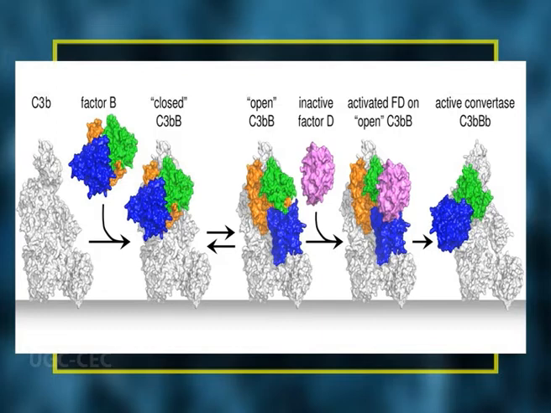Once bound to the surface, it attracts another factor, plasma protein B. This binding of B by C3b allows another alternative complement protein D to cleave B into Ba and Bb. Bb then remains associated with C3b to form the C3bBb complex.